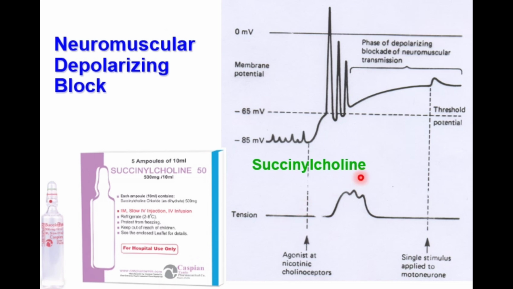Succinylcholine activates nicotinic receptors and evokes depolarization. If this depolarization is sufficiently intense to cross the threshold of excitability, the muscle cell generates an action potential, as you can see here, and contracts.